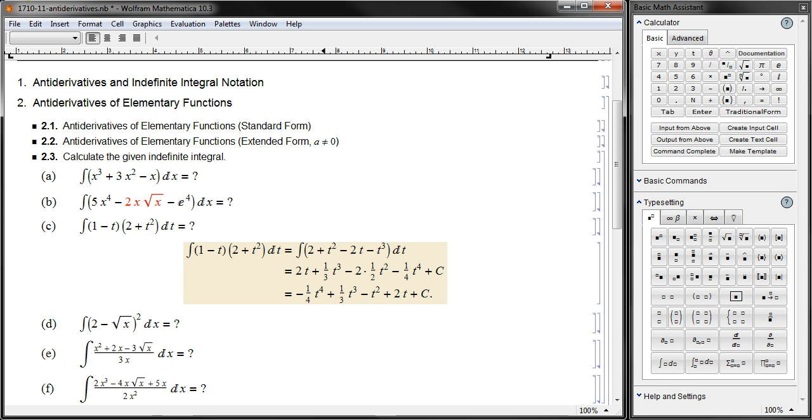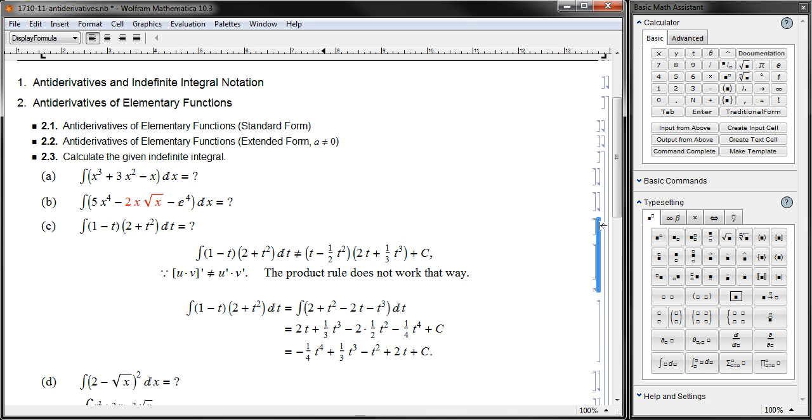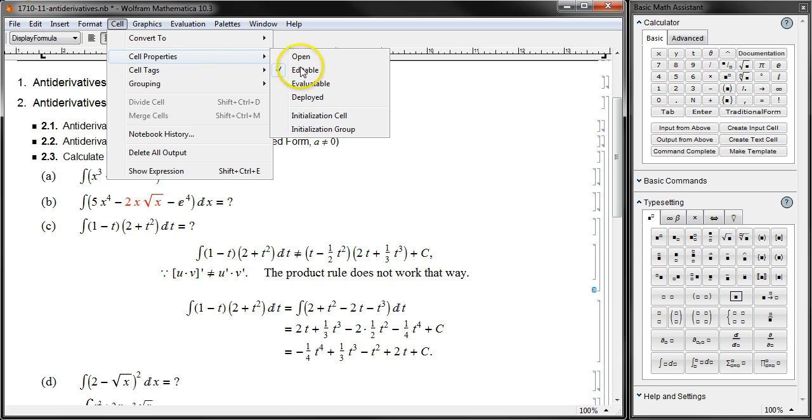Okay, this is a final version. I'll count this one as a final answer, yeah, but a little bit further simplification certainly improves your answer. Well, here I gave you a warning, the product rule doesn't work that way, and then I hid the answer here.